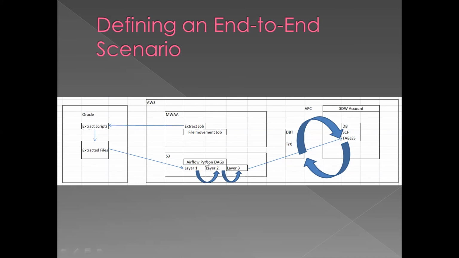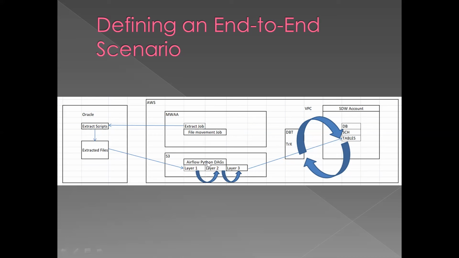Now the next DAG, which we have written in Airflow using Python, will move the files from their on-premise system into layer 1 of the S3 bucket. Here you can think of 3 different S3 buckets, or 3 different folders within one S3 bucket, right? So first, the first job will run the extract script that will extract the files on-premise. The second job will move these files from here to layer 1, right?